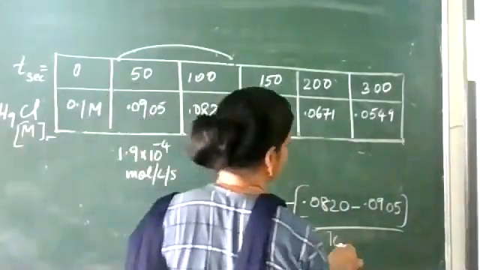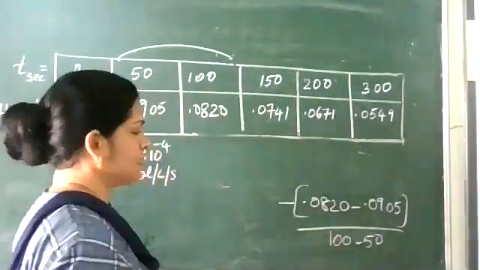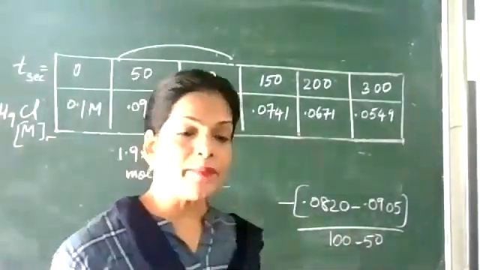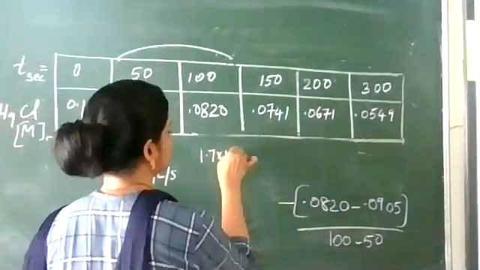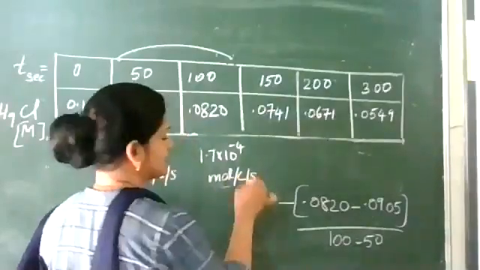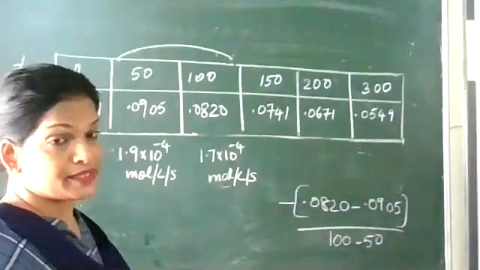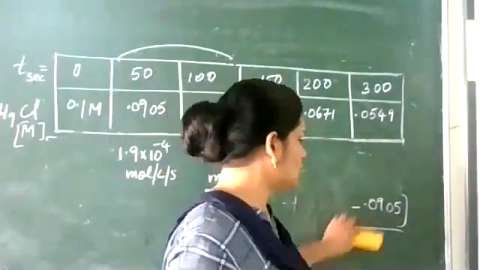That is 100 minus 50. When I calculated this, I got 1.7 into 10 to the power minus 4 moles per liter per second. Right? The rate is decreasing. The rate of this reaction is not constant throughout the reaction.